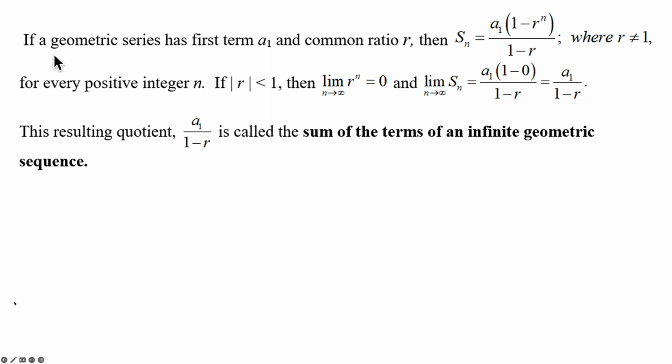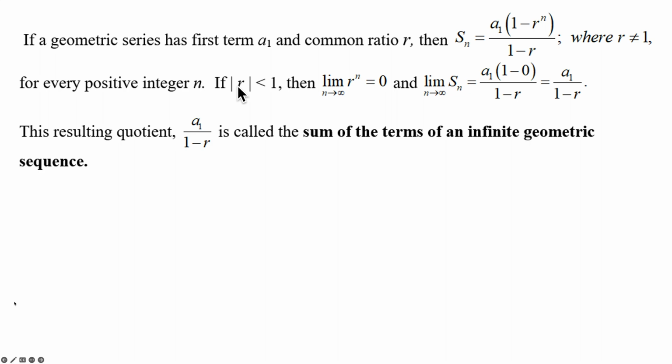All right, so if a geometric series has a first term a sub 1 and a common ratio r, then the sum, S sub n, the partial sum equals a sub 1 times 1 minus r to the nth over 1 minus r, where again, r cannot be equal to 1, for every positive integer n.